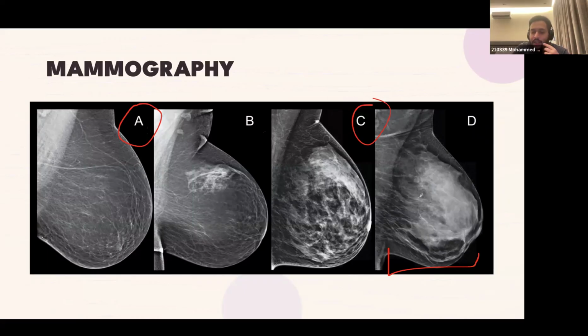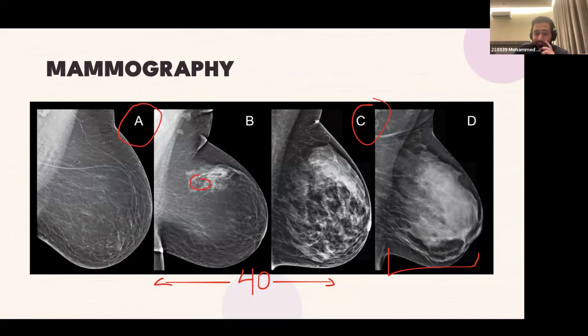Very important: if you have a patient below the age of 40, the key number, what imaging modality do you prefer to use? Ultrasound. Excellent. If they are above 40, mammography. Excellent.